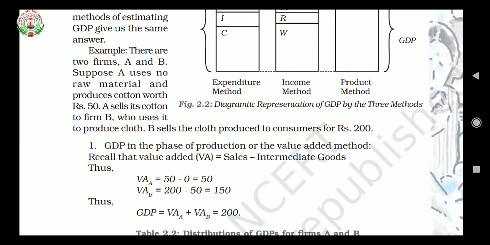First, GDP in the face of production, or the value added method. Recall that value added equals sales minus intermediate goods. For firm A that is 50 minus 0, as there was no intermediate good, so the answer is 50. But when the cotton is purchased by the second firm for making the cloth, the intermediate goods will be deducted from 200, that is 200 minus 50 equals 150.